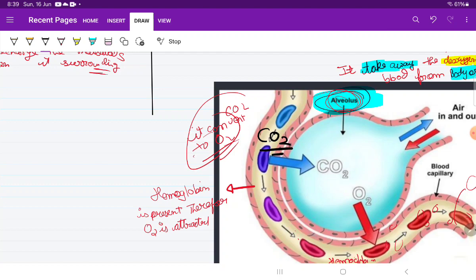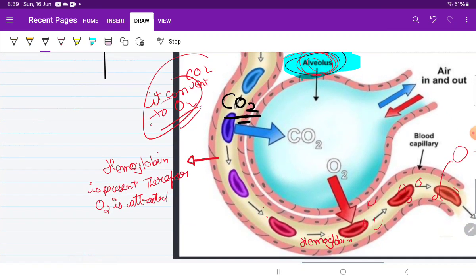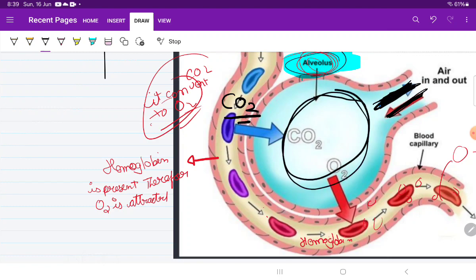Then it transfers. There is a hollow space for the oxygen to come in and carbon dioxide to go out. The oxygen is stored over here.